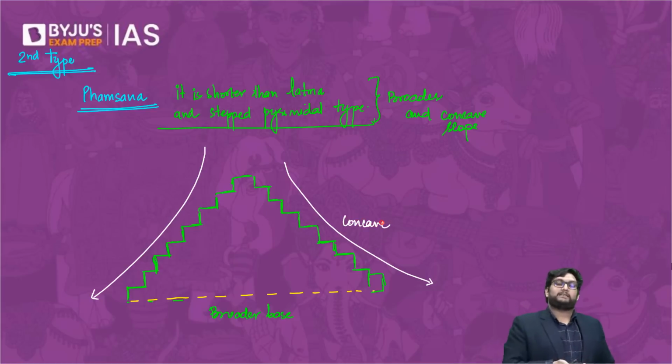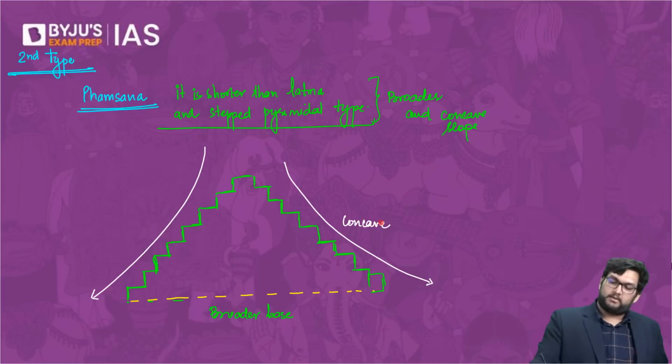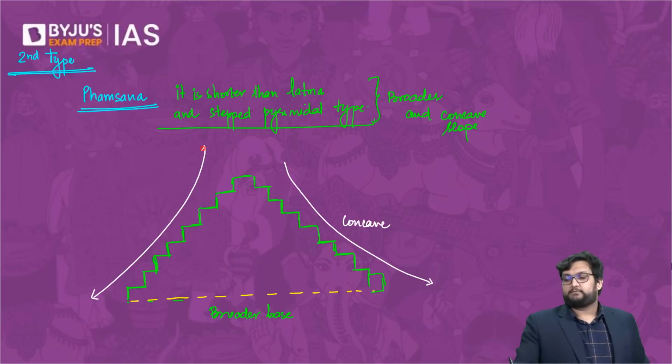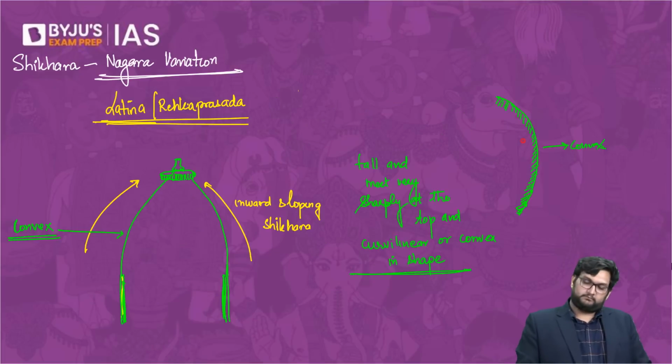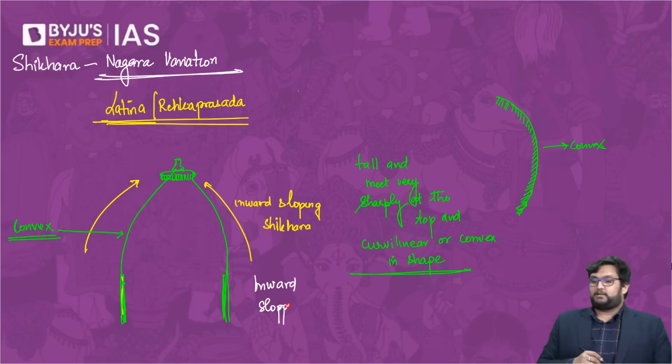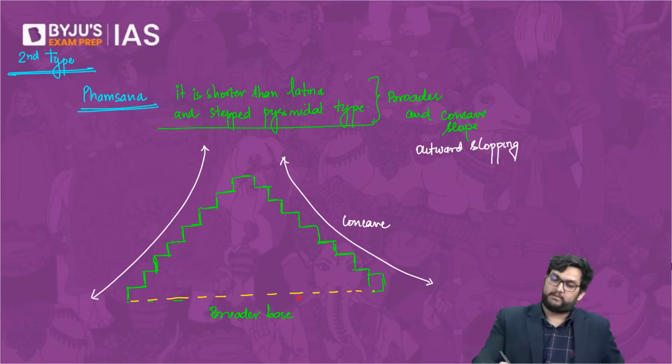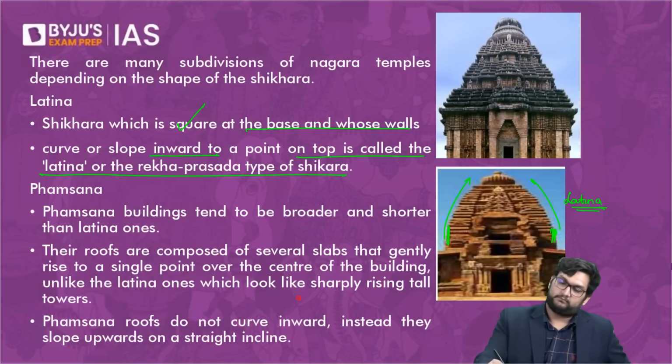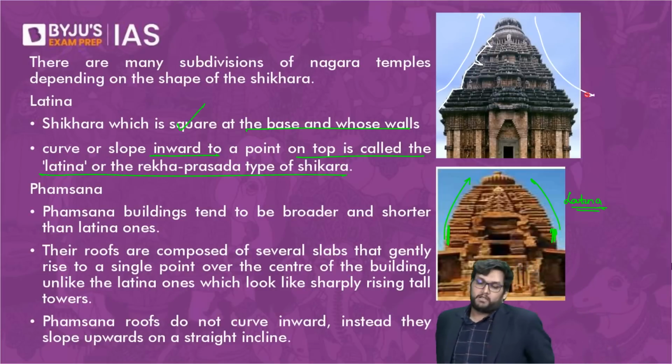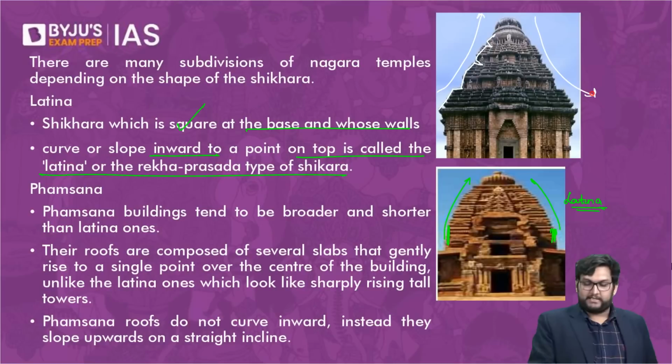So if one is inward sloping, this is outward sloping. If you look at a Famsana, you will realize it is broader and shorter than Latina.